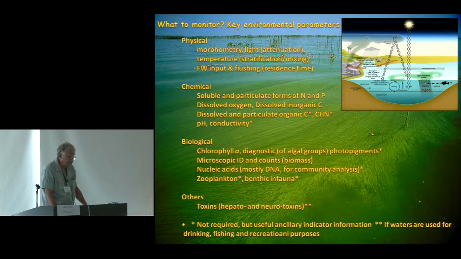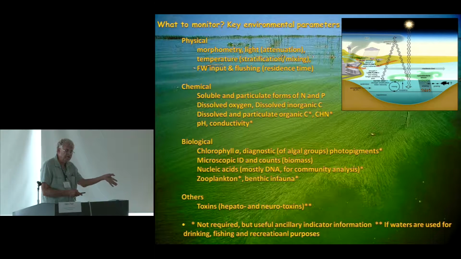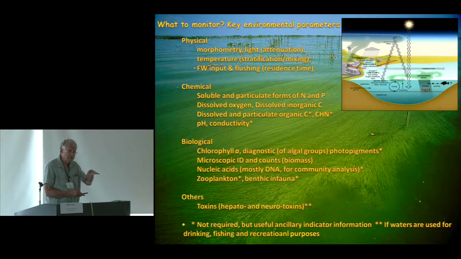Then we get into things like characterizing the community using nucleic acids, the DNA revolution, which is now telling us not only what species of cyanobacteria are there, but also the other microbes that they're competing with in the system. Those samples can also be collected in remote places. You don't need to have all that equipment on site in order to measure these parameters. They can be measured in a more sophisticated lab and sent to a lab.